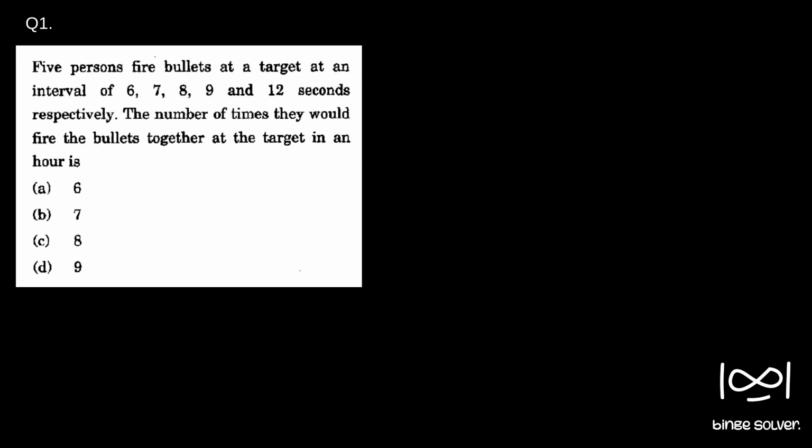To find the common time at which they fire the bullets together, we just have to take the LCM of the given numbers. So the LCM of 6, 7, 8, 9, 12 will give the common interval at which all the people will be firing their bullets.